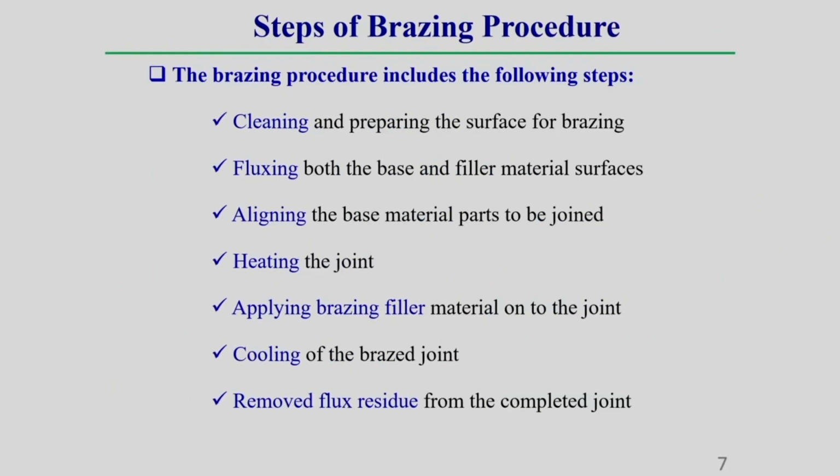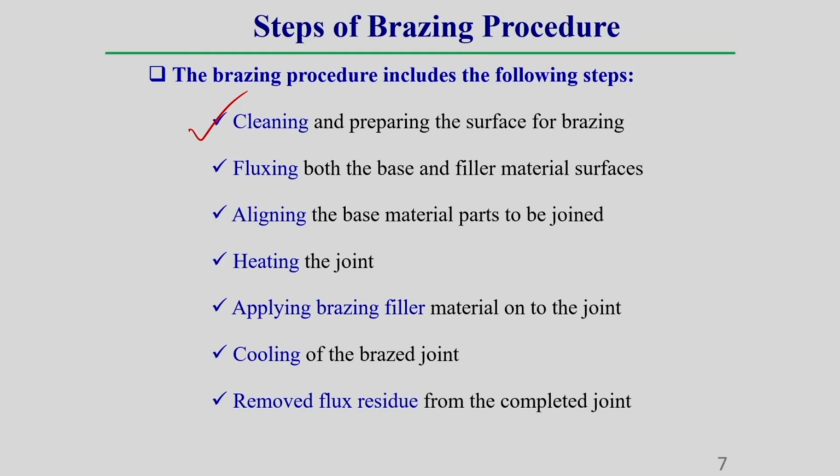Now, here I am going to discuss the steps generally followed to do the brazing procedure. These are the following steps I am showing. The first step is to clean and prepare the surface for brazing. First of all, we should clean the surface properly, because I have already told you why cleaning is required: to get good wettability of the filler wire we are going to use to join the base material.